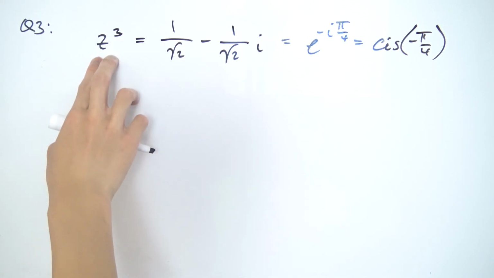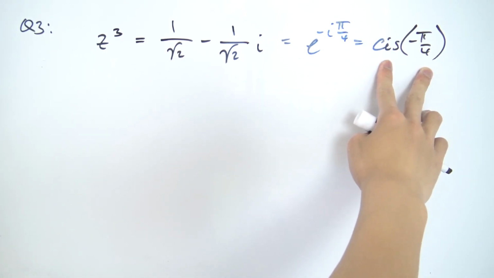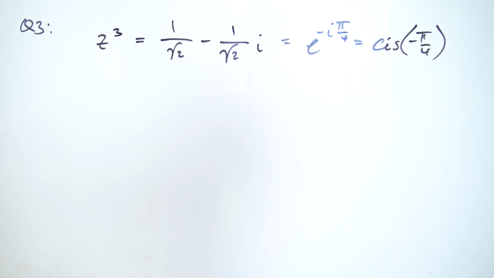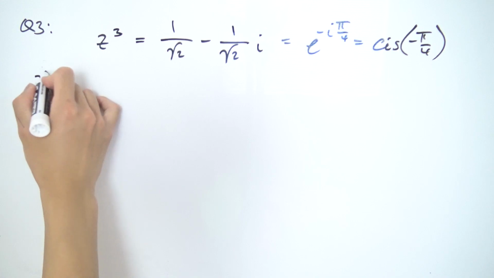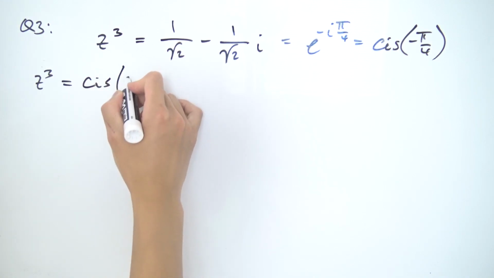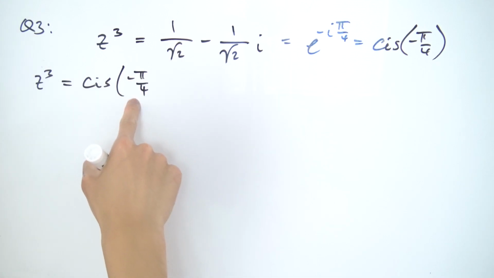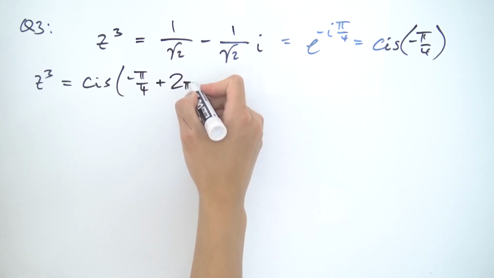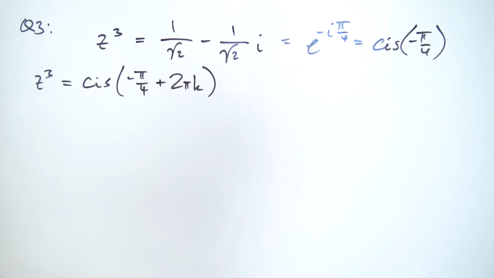Okay, so we have to solve where z cubed is equal to cis of minus pi over 4. We have to solve for z. So the way to do that, you take z cubed, and this is equal to cis of minus pi over 4. But notice, the complex number won't change at all if you just add on 2 pi k, where k is an integer.